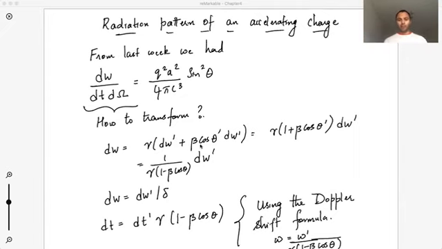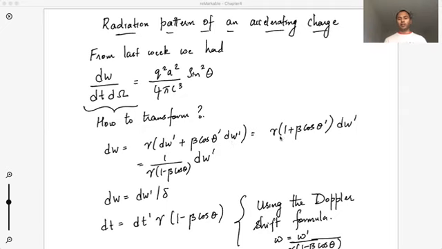I'm just taking the projection onto the x-axis here, okay? So x being the axis of relative velocity between the two frames. So if the relative velocity between the two frames is along the x-axis, and radiation is moving along an angle theta prime, then cos theta prime gives you the projection onto the axis of the relative velocity.